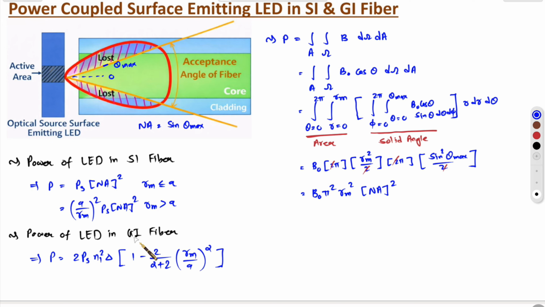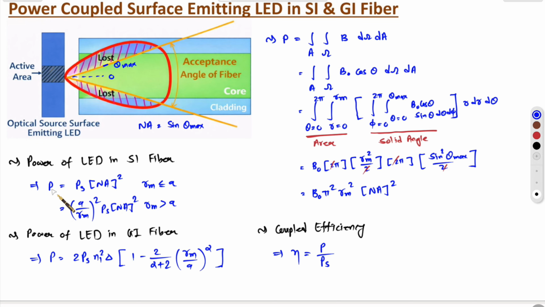Now here one more parameter that you need to understand is coupled efficiency. See, coupled efficiency is power radiated by given LED inside fiber, that is P, divided by power radiated by given source, that is PS. Here you can observe PS is substituted, right?